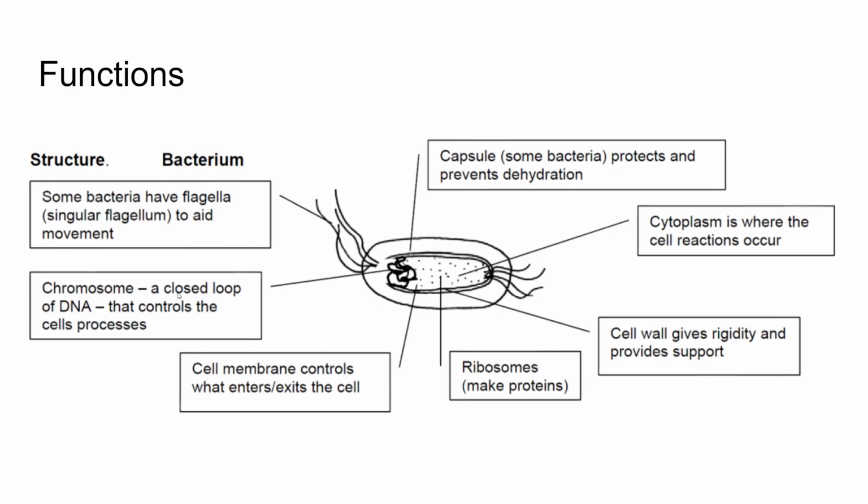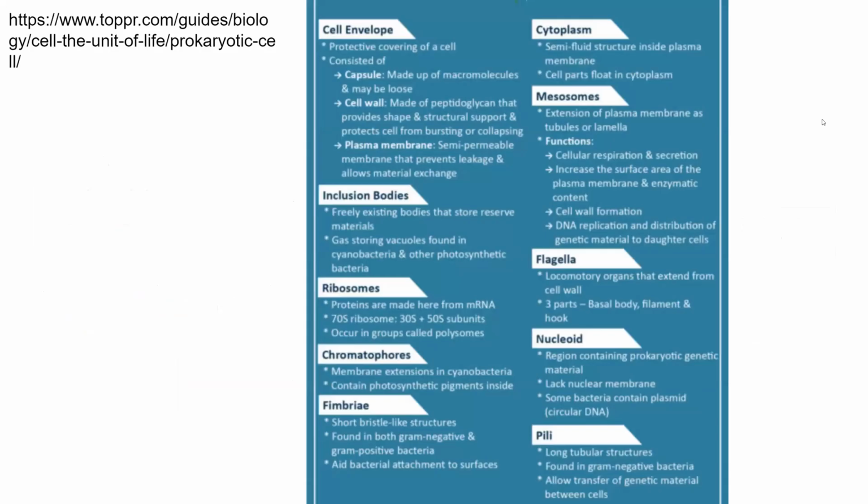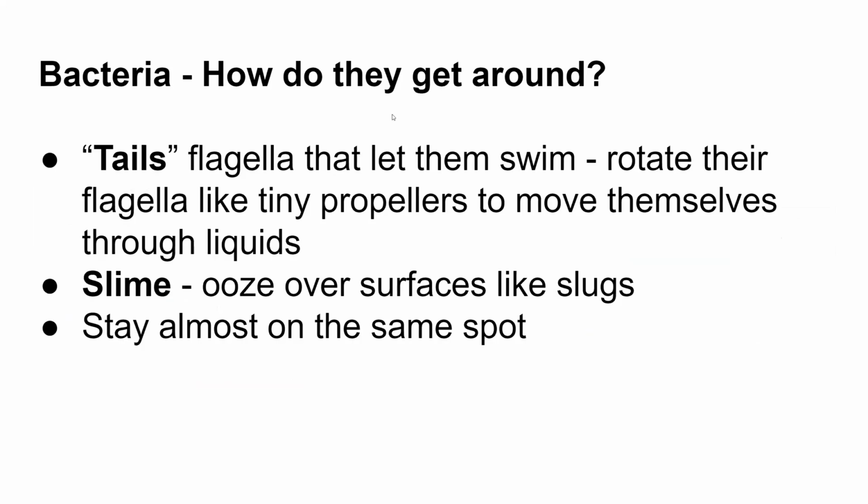Chromosomes are a closed loop of DNA that controls cell processes. And some bacteria have flagella, which are these long things here, and they're used to make the bacteria move. So how do bacteria get around?